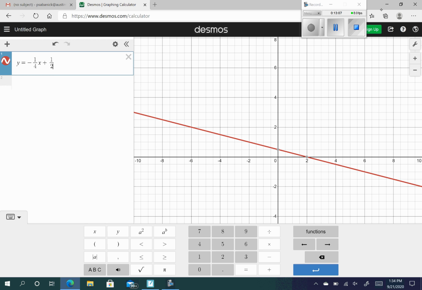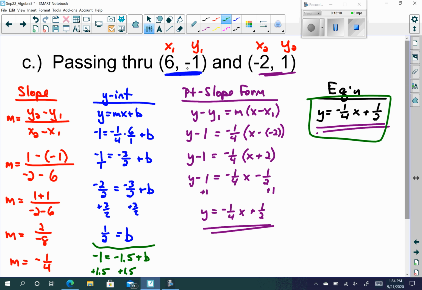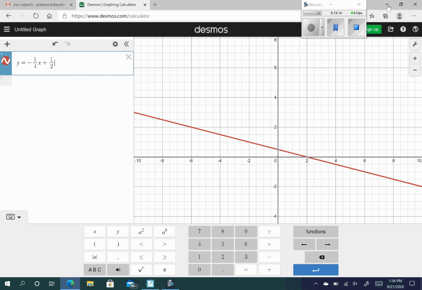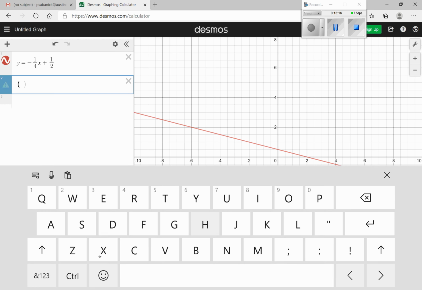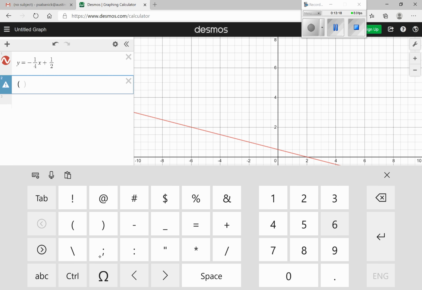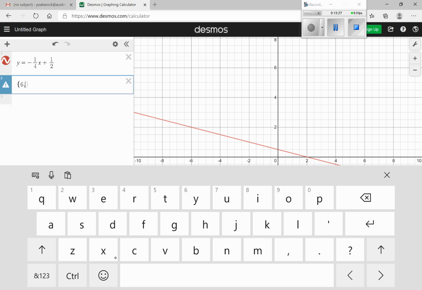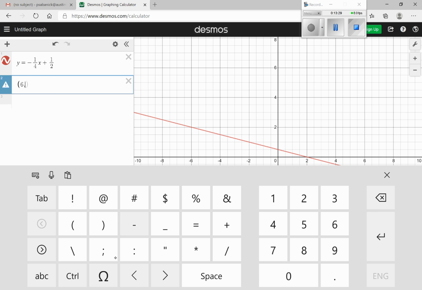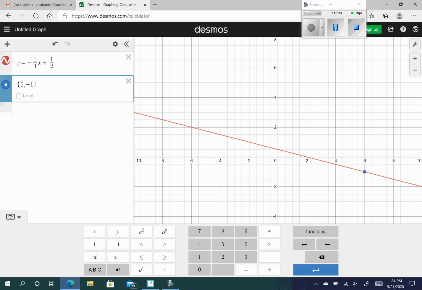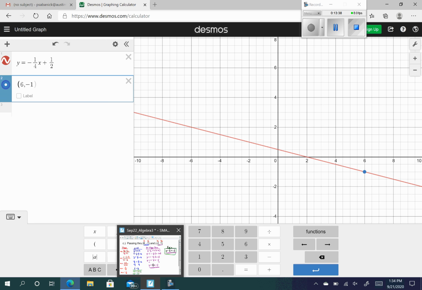Next, what I want to do is go back, and let's plot the points 6, negative 1, and negative 2, 1. So in another line, we're going to type in 6, comma, negative 1. So we see this point here in blue, and then our other point was negative 2, 1.